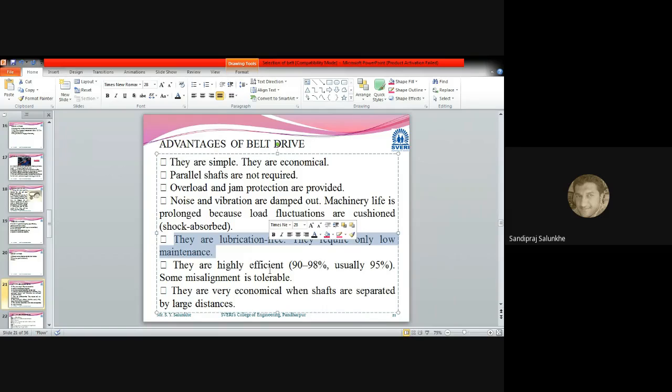Now here again, this is a comparative statement, which we can say if we are going to compare with some other drives, then they are highly efficient.